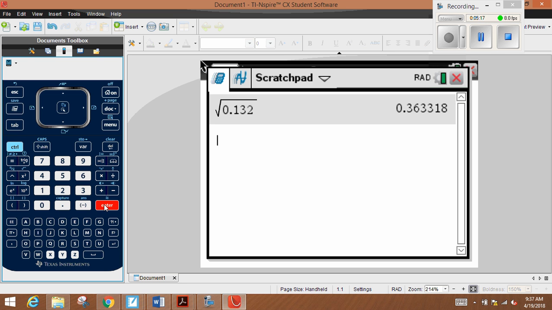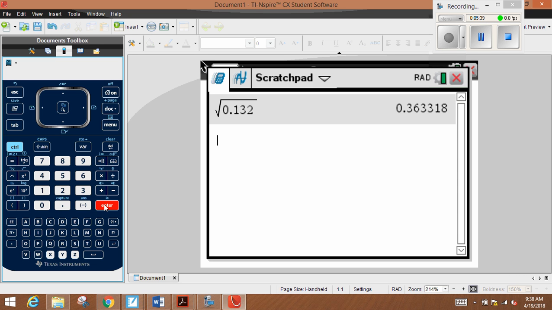So we have an R value of 0.36, which tells us that the relationship is moderate. It's not weak, it's not strong.